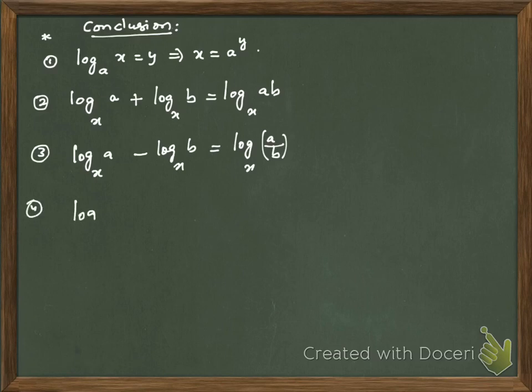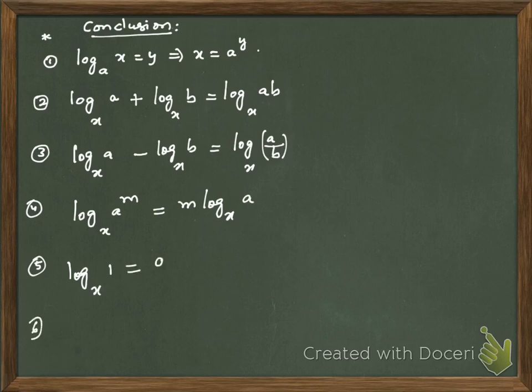If you have log of a power m to the base x, that will become m log a to the base x. Log of 1 to the base of any number will be 0 by default. And log of 0 is undefined. Log of x to the base x is 1.